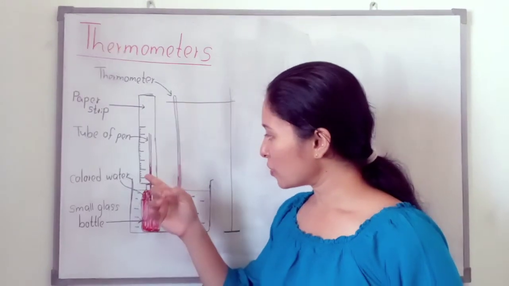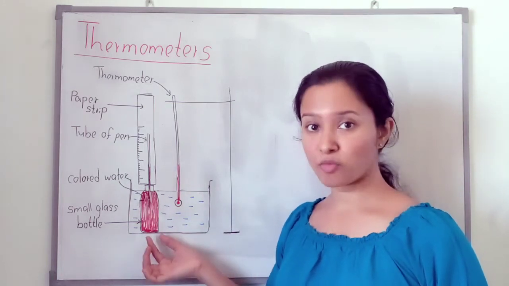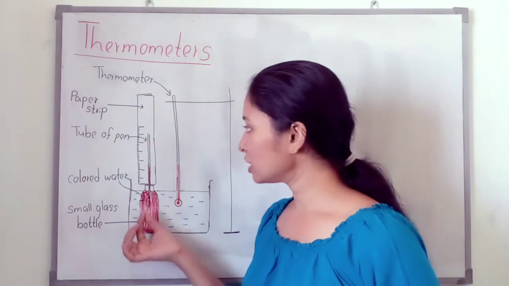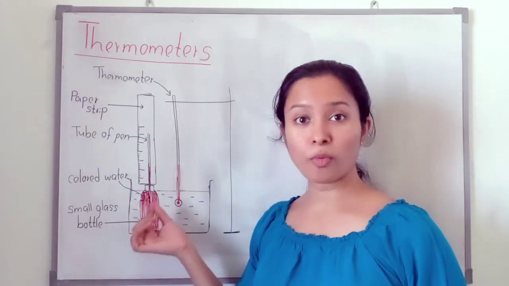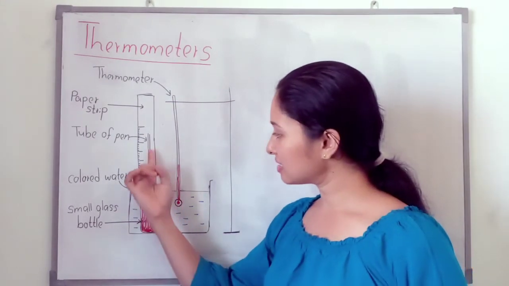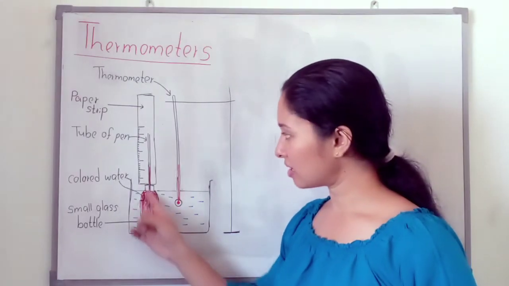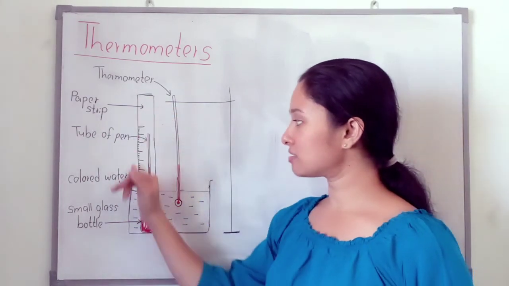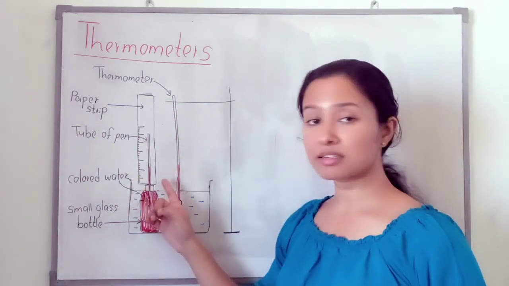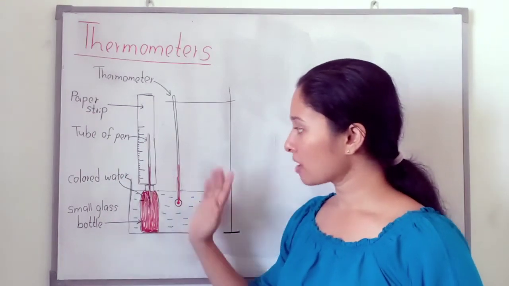Then fill this glass bottle with colored water. Then take an empty tube of a ballpoint pen and fix that tube like this. Then you have to paste a paper strip like this.